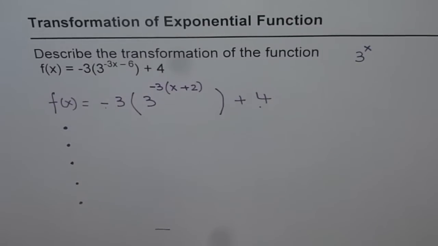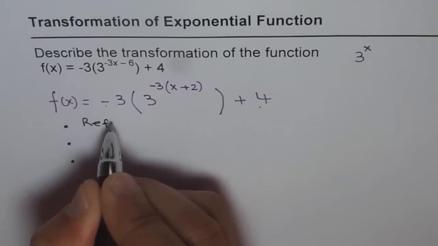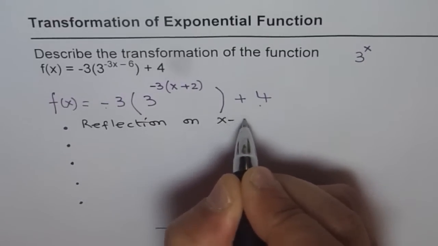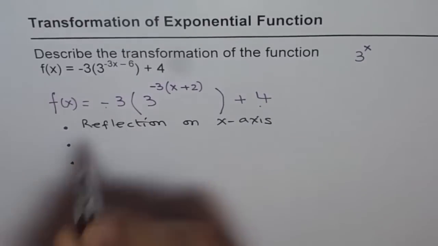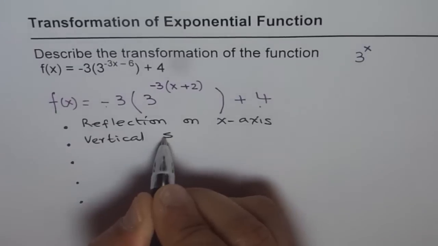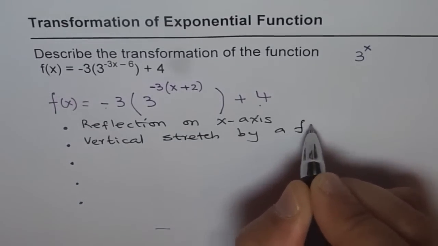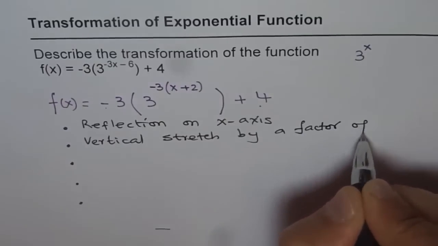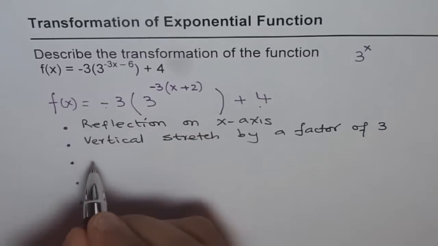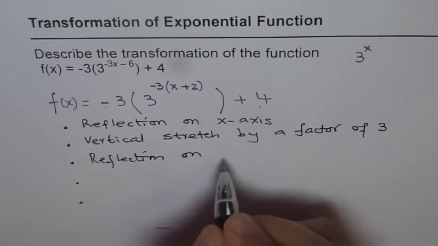Let's write them down one by one, starting with the first one, which is reflection on the x-axis, so vertical reflection. Second is vertical stretch by a factor of 3. And then let's move inside. It's all horizontal inside, so it is reflection on the y-axis.